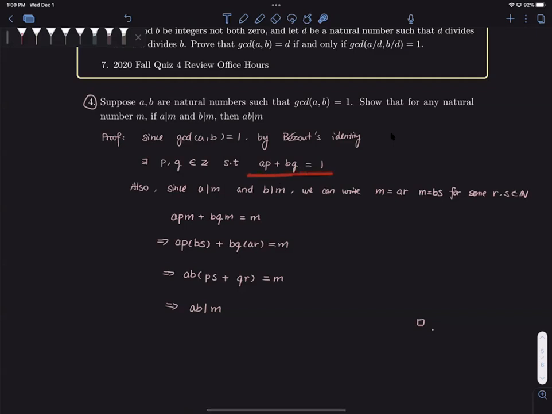Now I know that M equals AR equals BS. Why did I put BS here? Because I want AB together. If you put A here, then it's AA, it's useless. We want AB, right? So that's why we replaced BS here, AR here to get AB. So we can factor out AB and done.